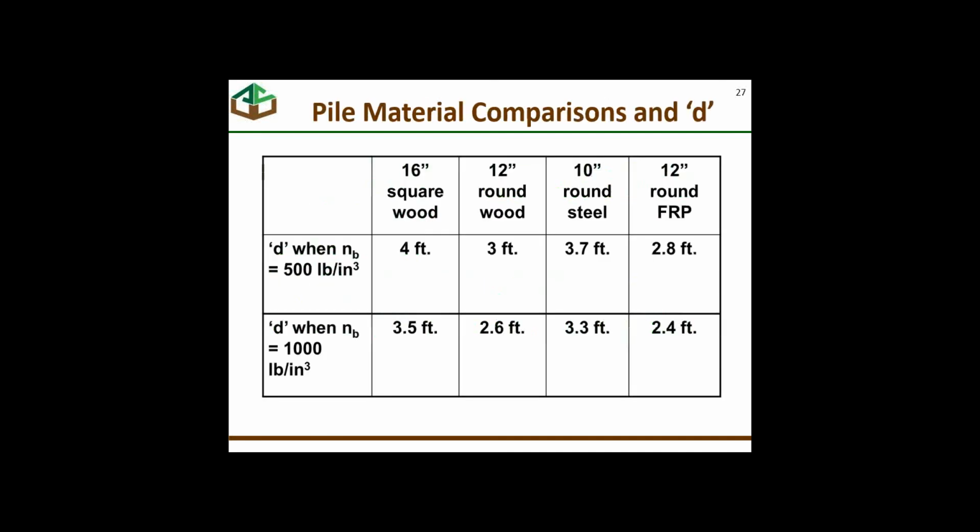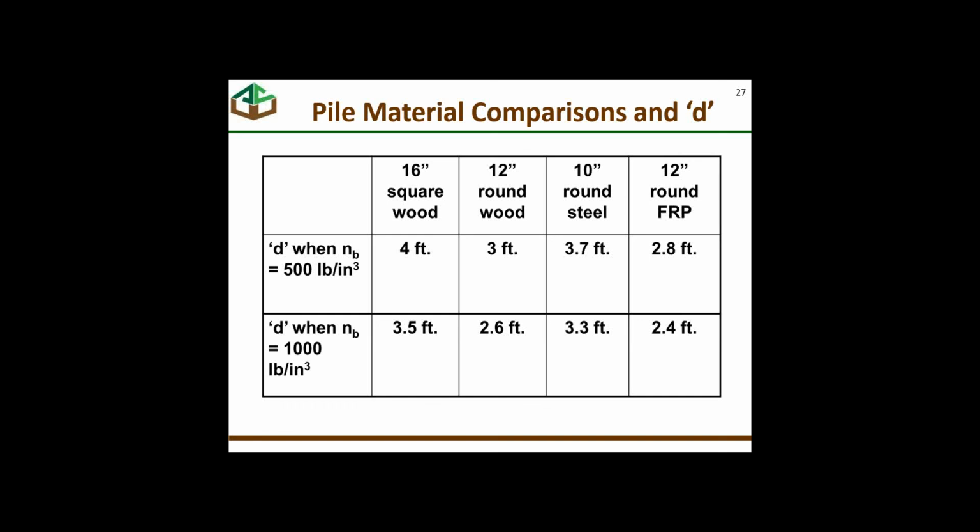And just for the heck of it, I put together this little chart about what material comparisons provide in terms of variations in the depth of fixity. You can see there's really not that much difference from a 16-inch square wood pile with weaker soil to a 12-inch round FRP pile with stronger, stiffer soil.